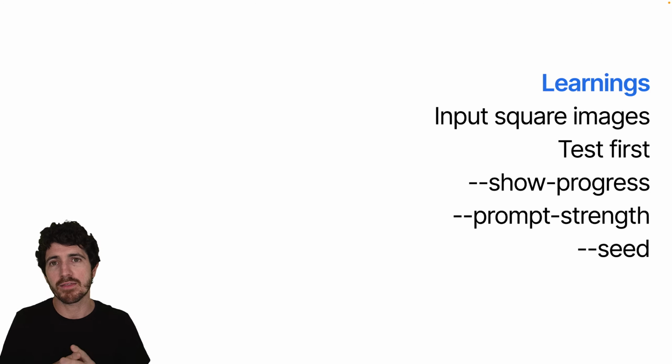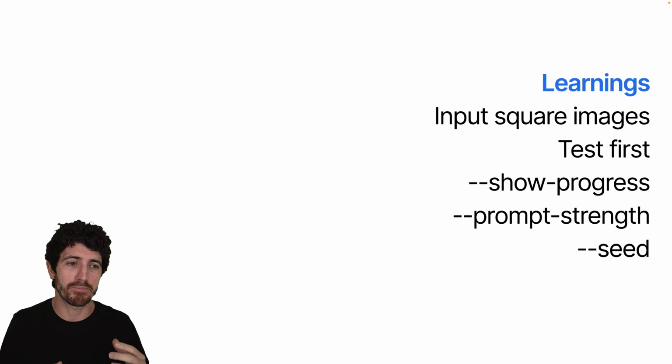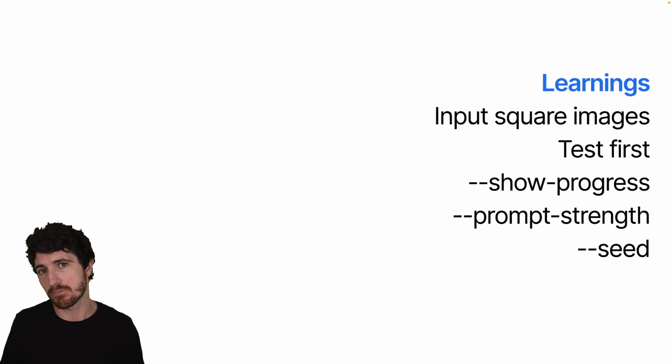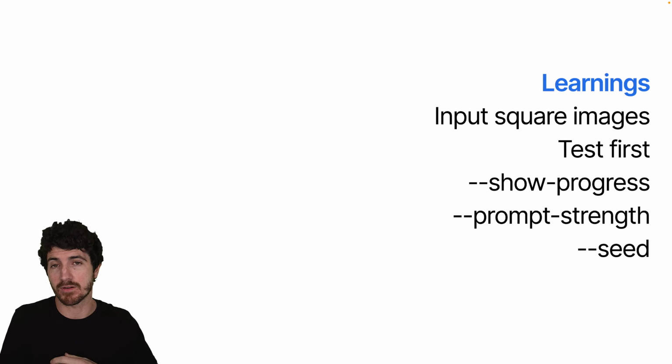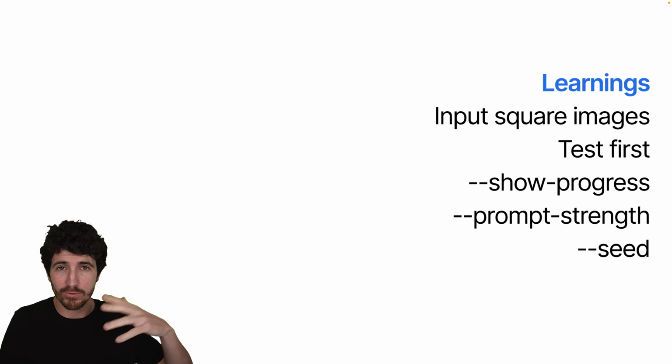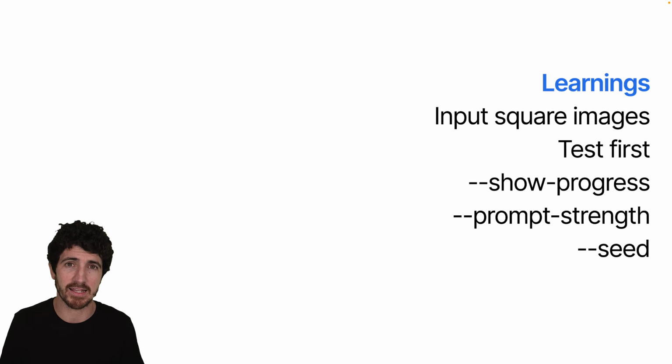Prompt strength is basically how much attention we need to pay to the prompt, the text that you're giving me for the generation process. If you say 0, the network will just try to encode and then decode and generate an image that looks exactly like the input.